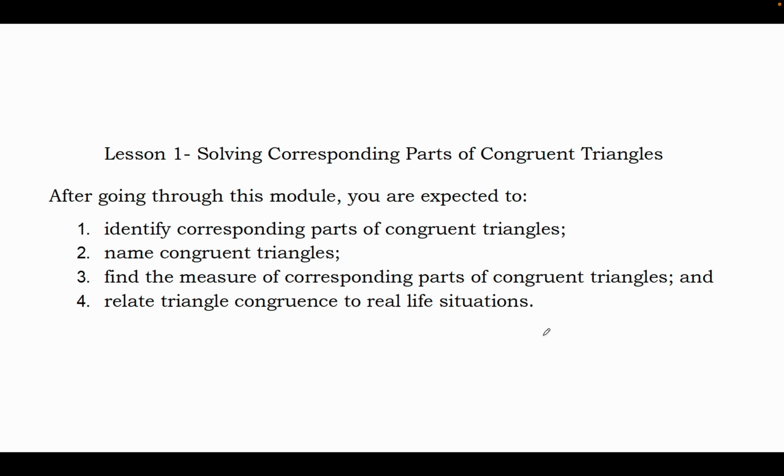Number 3, find the measure of corresponding parts of congruent triangles. So I think we will dig deeper on number 3. Well, let's see if we can discuss further. Number 4, relate triangle congruence to real life situations.